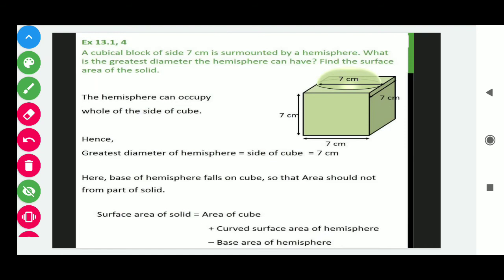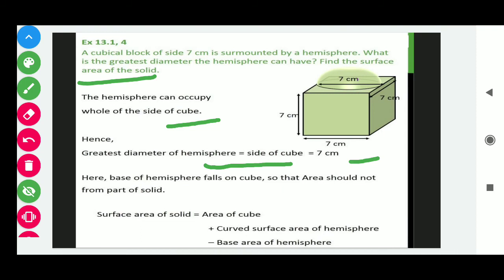So let's start the solution. The hemisphere can occupy the whole side of the cube. Hence, the greatest diameter of the hemisphere, the side of the cube, is equal to 7 centimeter. After that, they asked us to find the surface area of the solid.